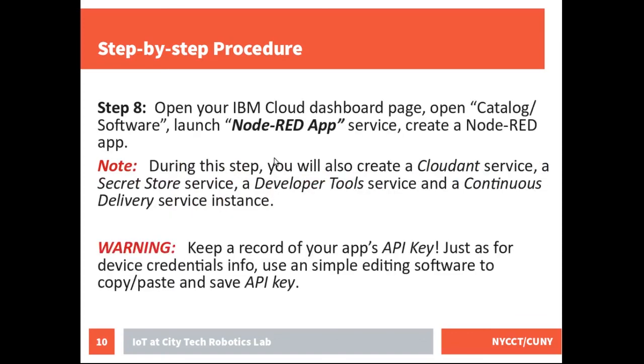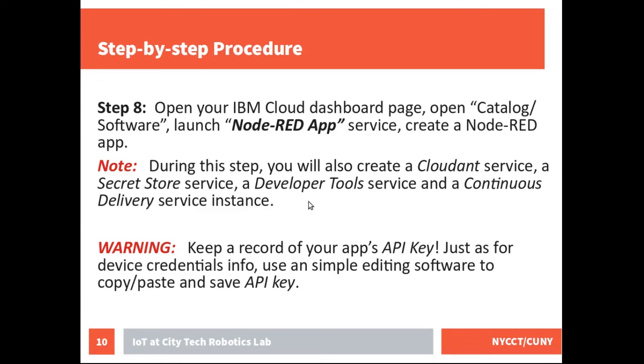Step 8. Open your IBM Cloud dashboard. Open Catalog software, launch the Loader app service, and create a Loader app. Note, during this step you will also create a Cloud service, a secret store service, a developer tool service, and a continuous delivery service instance.